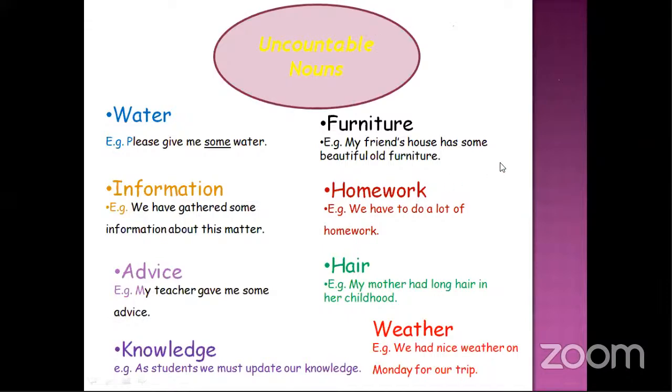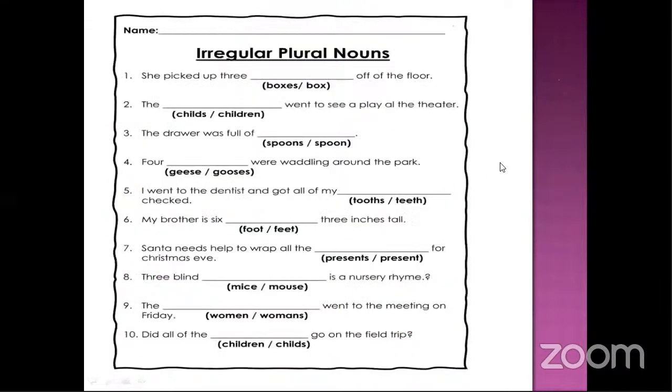Okay. Now, here I have given a small activity, irregular plural nouns. Can you do it? If you have a paper, you can write the answers on that paper. Just try to answer these questions. That means you have to underline the correct plural noun.